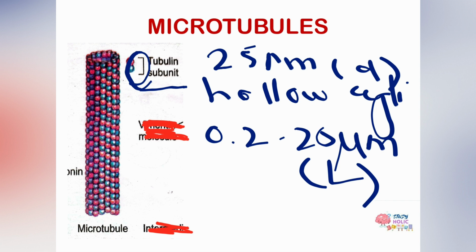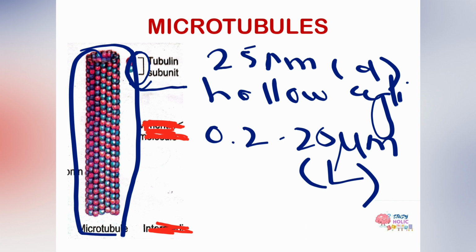So that's the structure of microtubule. It is a hollow cylinder. According to its length, it is 0.2 to 20 micrometer, and according to its diameter, it is 25 nanometer, and it is formed with a protein known as tubulin, and tubulin is always a dimer, indicated in this diagram by the blue and red beads.